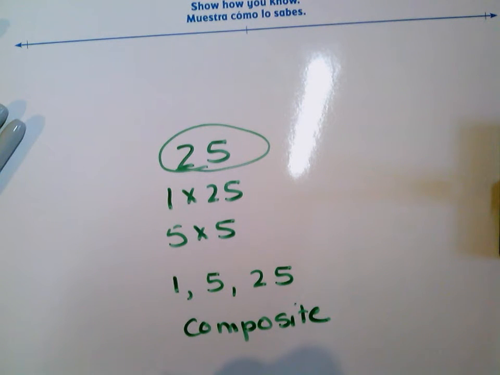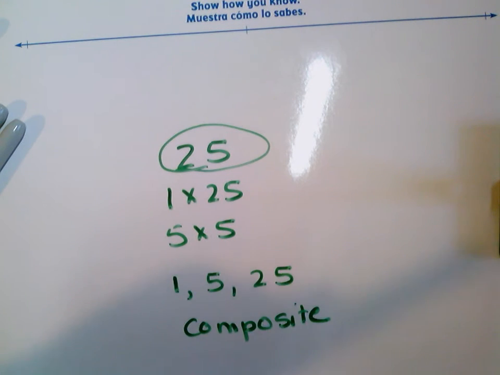And I don't want you to get prime and composite confused with odd and even. A lot of students get odd and even confused with prime and composite. Even numbers end in 0, 2, 4, 6, and 8. Odd numbers end in 1, 3, 5, 7, and 9. Even numbers can be divided by 2 evenly, and odd numbers cannot.